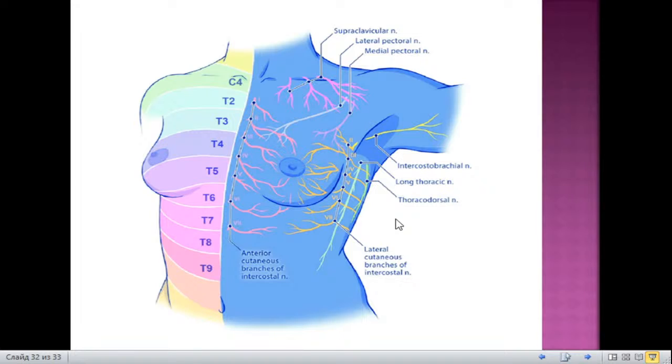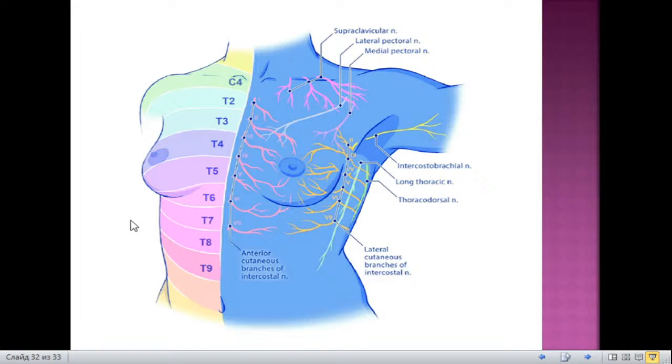As a result of this, regions of distribution for intercostal nerves look like a zebra. You see T3, T4, T5, T6, T7.